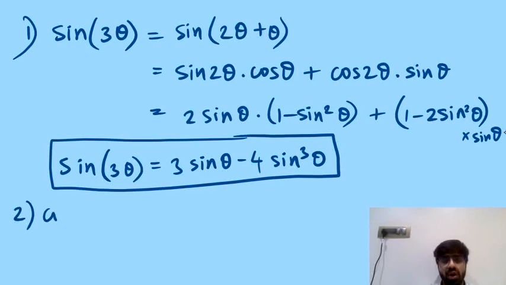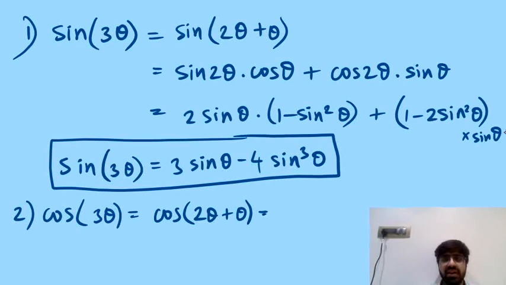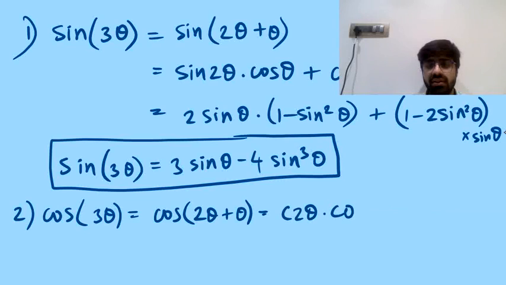So if I talk about cos 3 theta, this will be cos of theta plus 2 theta, or 2 theta plus theta. Expand it, that will be cos 2 theta into cos theta minus sin 2 theta into sin theta. You can write sin 2 theta as 2 sin theta cos theta. But then sin theta gets multiplied, that gives you sin square theta into cos theta.